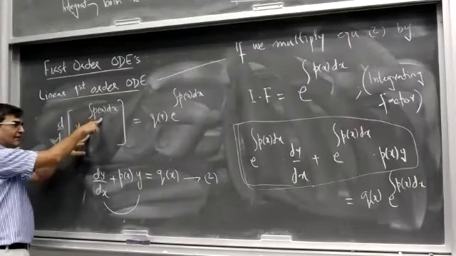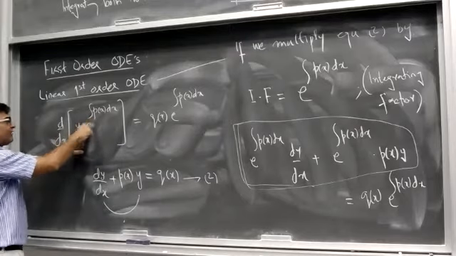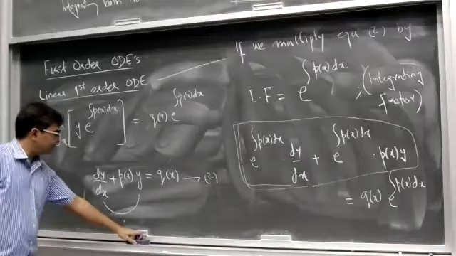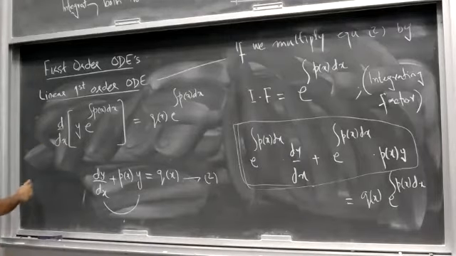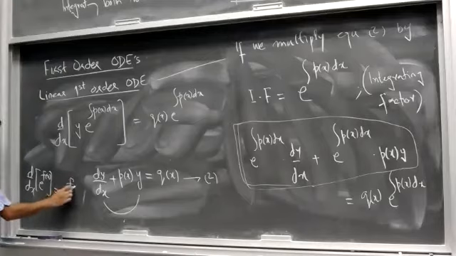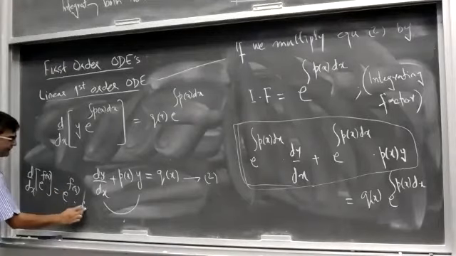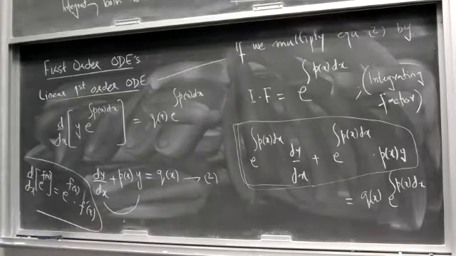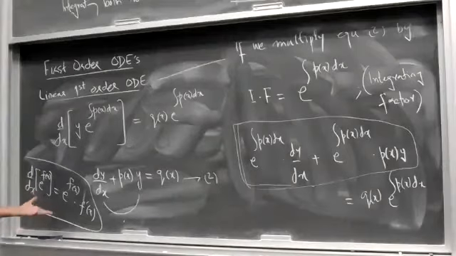The exponential of f of x. What is the derivative of the exponential of some function? Let me write it here. The derivative of e to the power of some function f of x is e to the power f of x times f dash of x. I hope you have seen this differentiation in calculus 1.